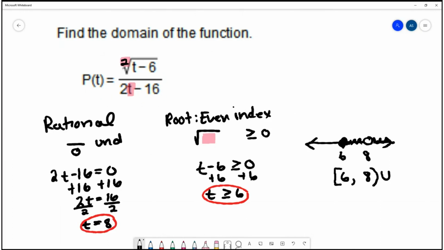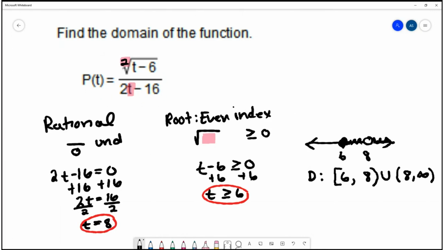And then we have another interval of numbers, starting with 8 and then going to infinity. I've used parentheses on the 8 again to indicate that 8 is not part of the domain, and infinity is not a number, so infinity is the idea of it going on forever, so we're going to use parentheses on infinity as well.